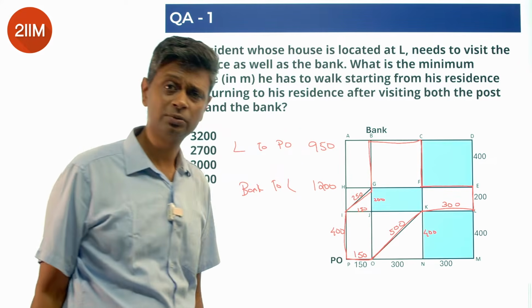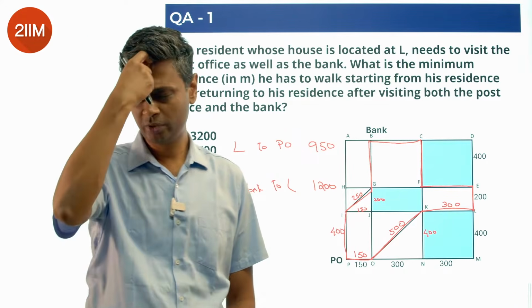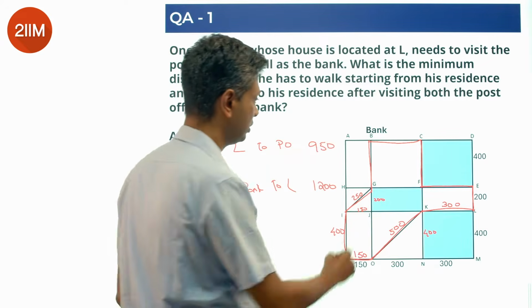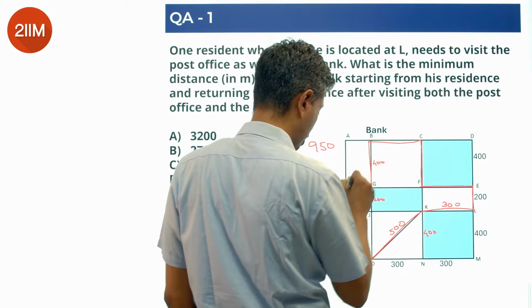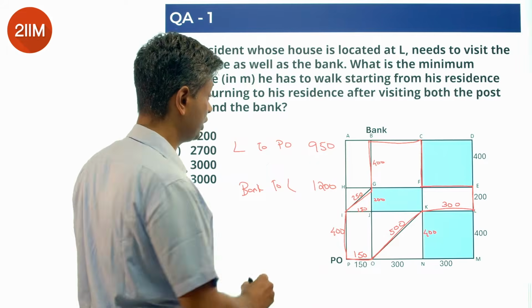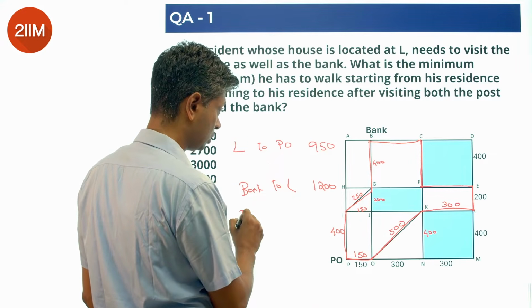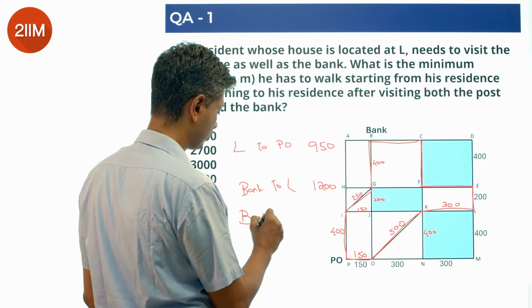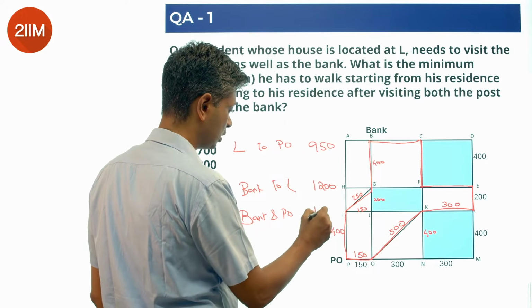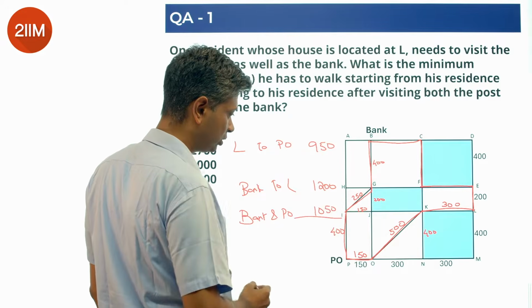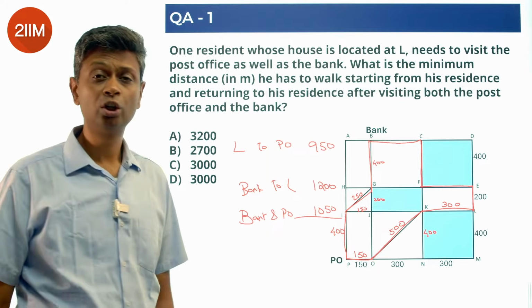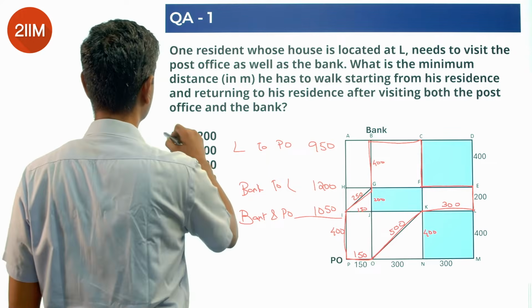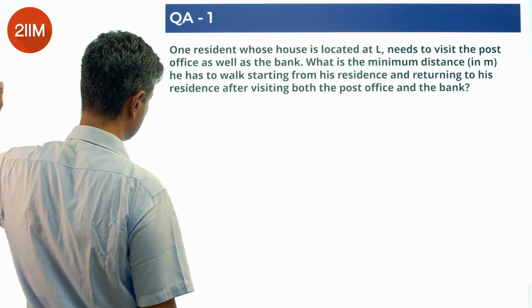Again, Pythagoras theorem. 3, 4, 5 into 50. 150, 200, 250. This is 400. 400 plus 400, 800 plus 250, 1050. The distance between bank and post office is 1050. Add all 3 up. 1050 plus 950 is 2000 plus 1200 is 3200. That's the one we're looking for.